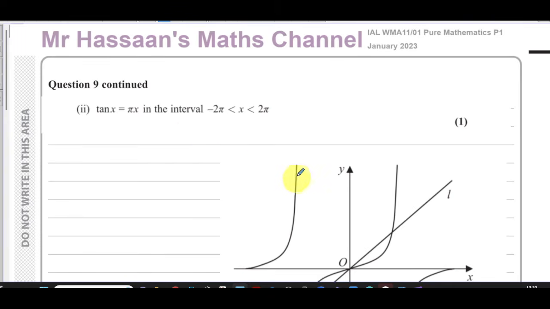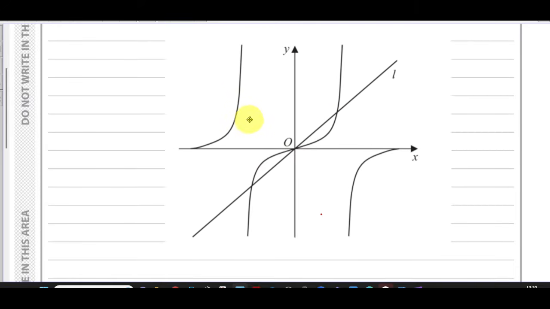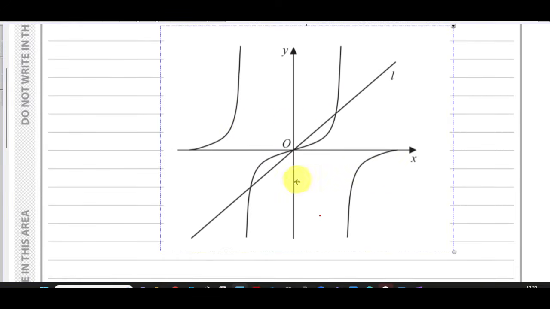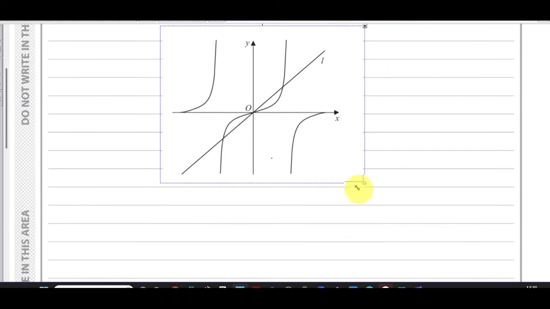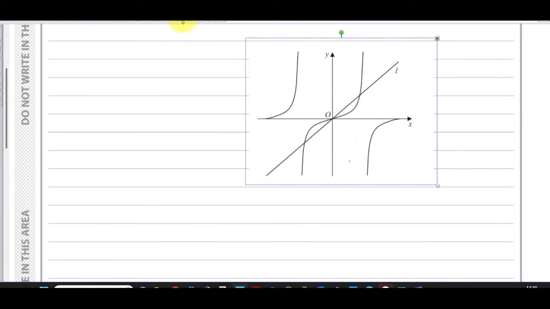Part B part 2 says tan of x equals pi x in the interval from minus 2 pi to 2 pi. So we've got to think about extending this a bit between minus 2 pi and 2 pi. Let me make it a bit smaller first. These shapes are going to be replicated.